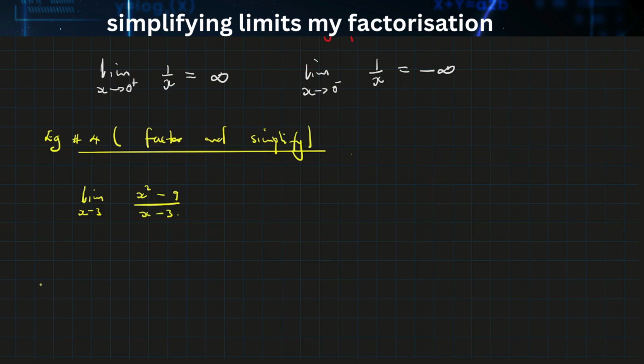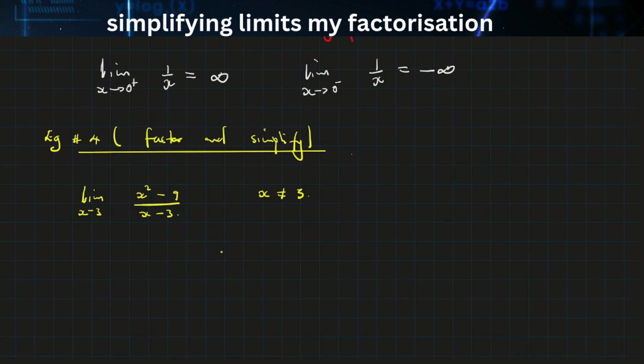So we can say x cannot be equal to 3, because there is no sensible answer according to the previous example 3 that we did, when it's approaching 0. We can also see that there is a vertical asymptote when x is equal to 3.